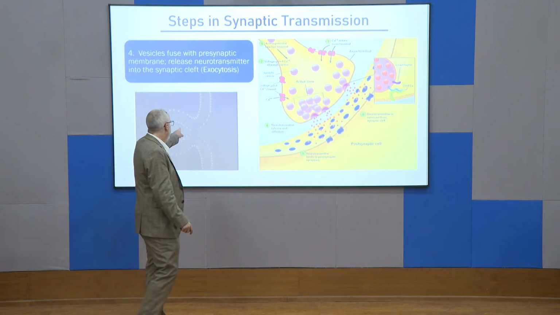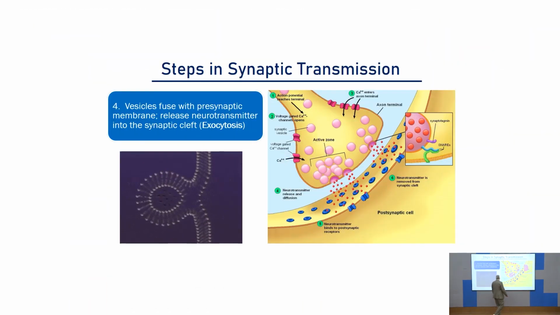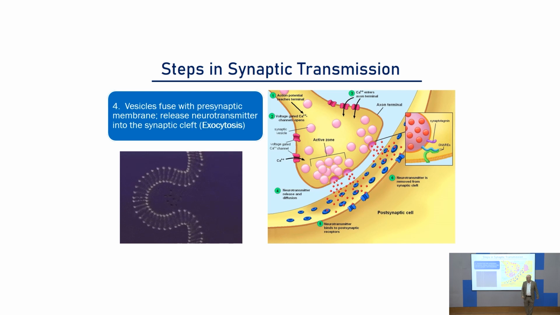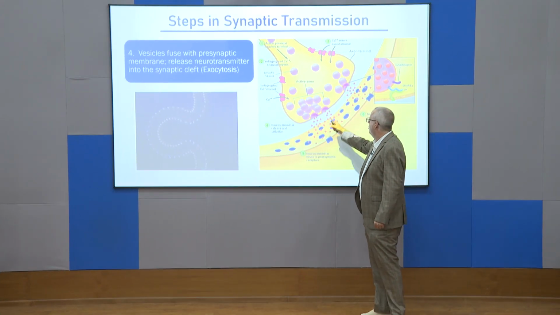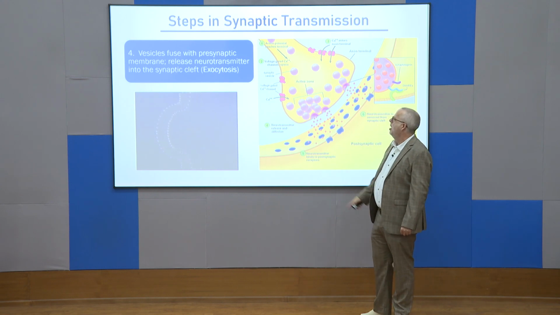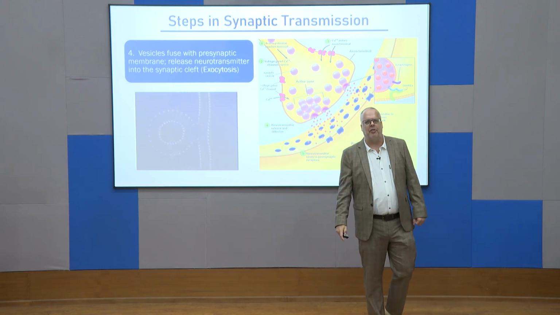Over here on the left, you can actually see an image of this. We have the vesicle initially, and it will then fuse with the neuronal membrane and expel its contents into the synapse. You can see that here with all the pink vesicles and the neurotransmitter in red. This process is called exocytosis.